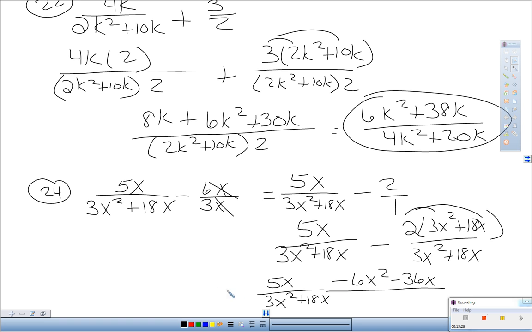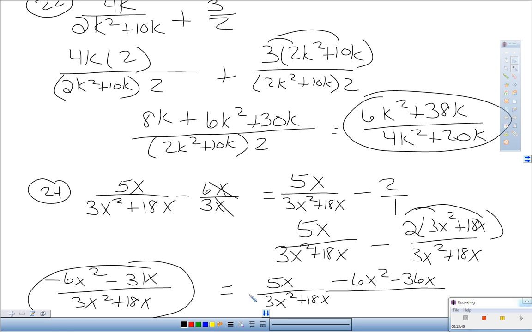Then just combine your like terms. I'm going to have negative 6x², and 5x minus 36x is negative 31x. And that gives me my answer for 24.